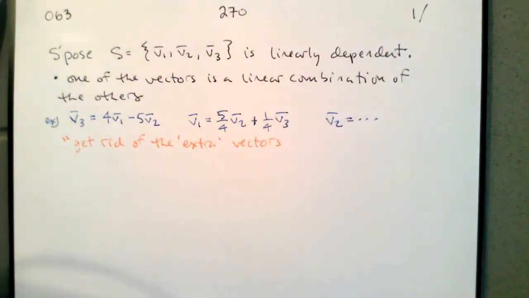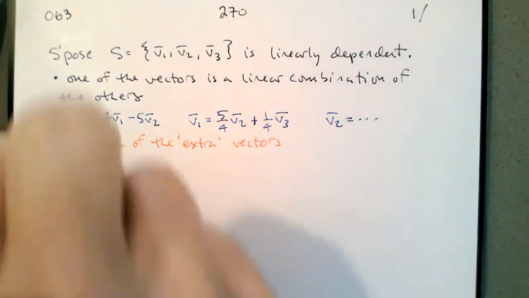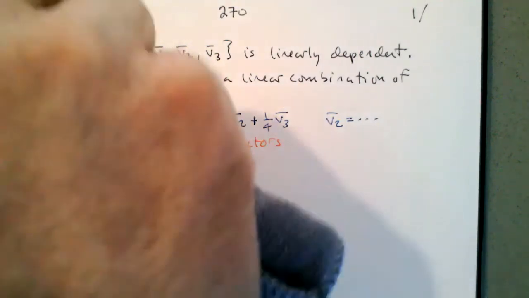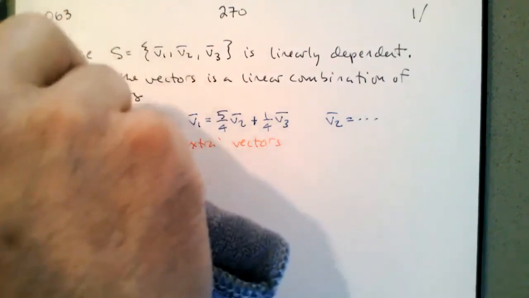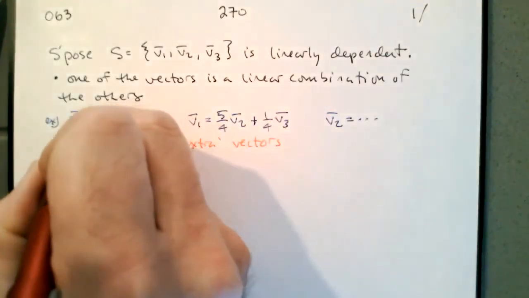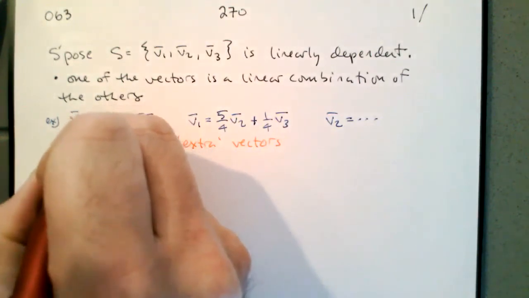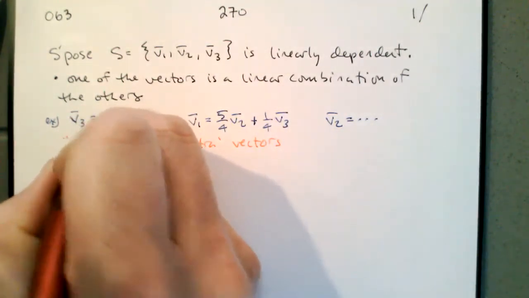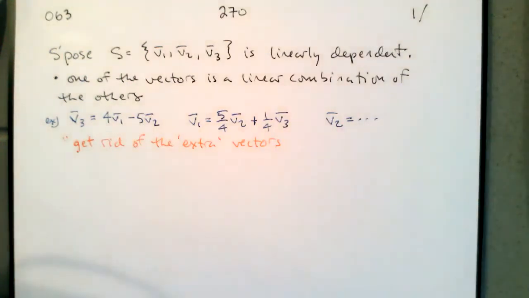If V3 is just a combination of V1 and V2, I don't really need V3. Anything I wanted to build with V3, I can just build out of V1 and V2, and I can get the same combination.